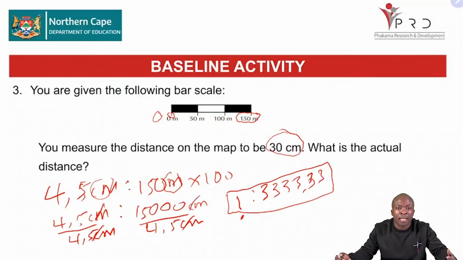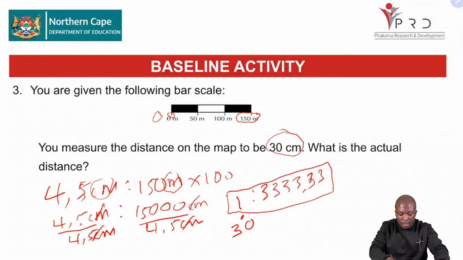So if you decide to measure in centimeters, then every 1 centimeter that you measure will give you 3,333.33 centimeters.